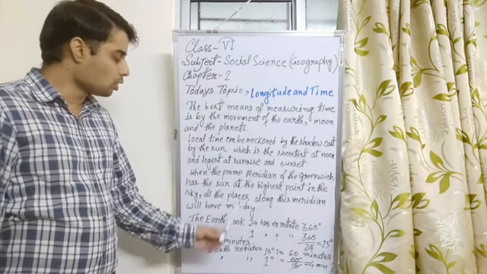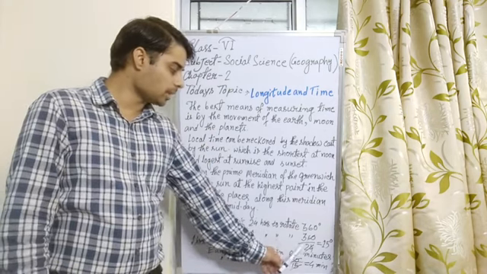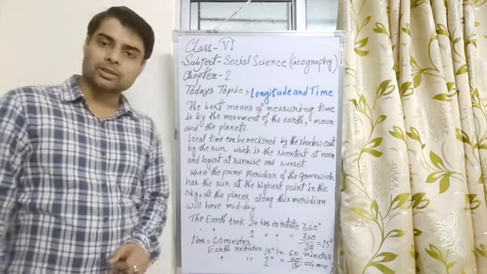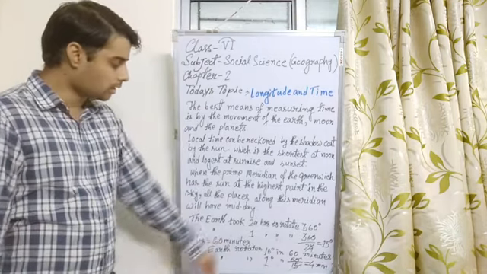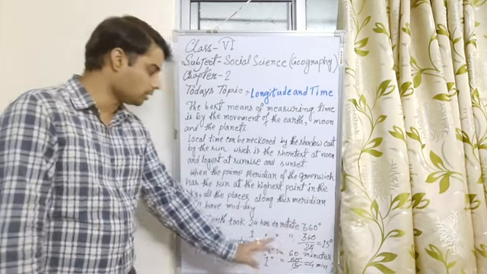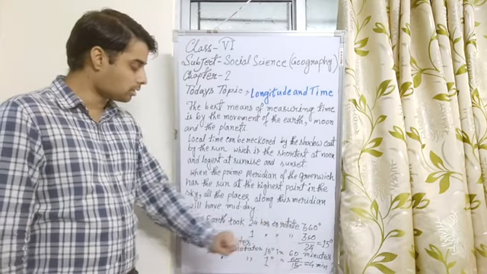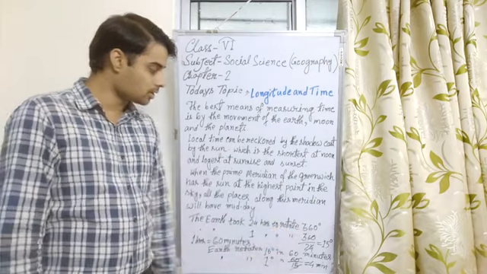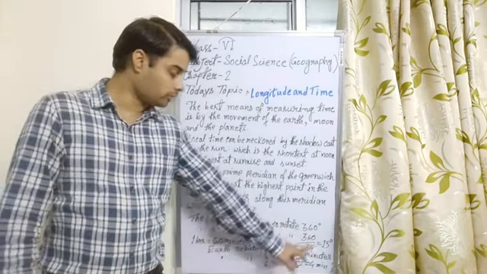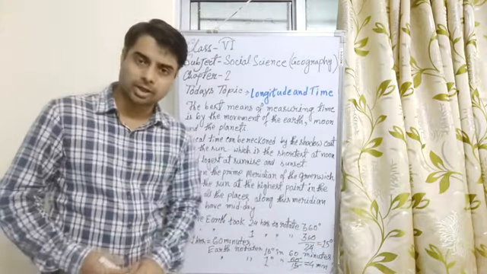Using the unitary method of mathematics, if 24 hours are needed to rotate 360 degrees, then 1 hour is needed to rotate 360 divided by 24, which equals 15 degrees. So the Earth takes 1 hour to rotate 15 degrees.